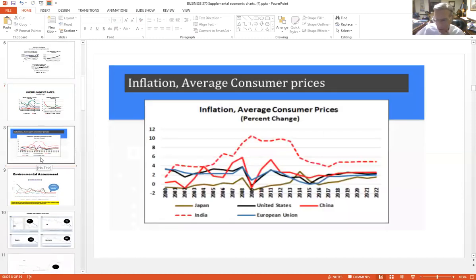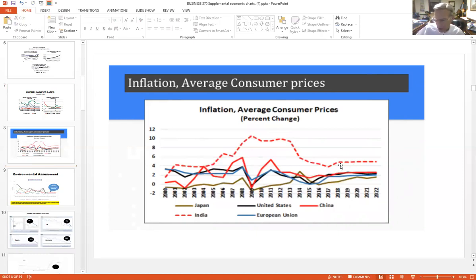Okay, here we see inflation, and the standout here is India, where in recent years inflation has been up in the 10% category. If this forecast that was done, I think over a year ago, holds up, India's inflation has come down to about 4 or 5%.